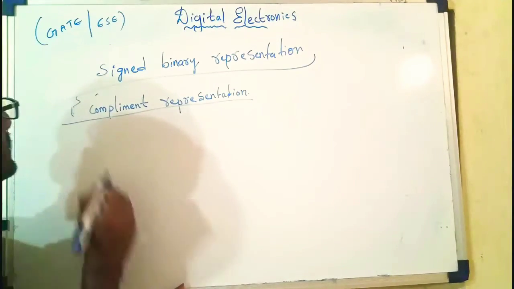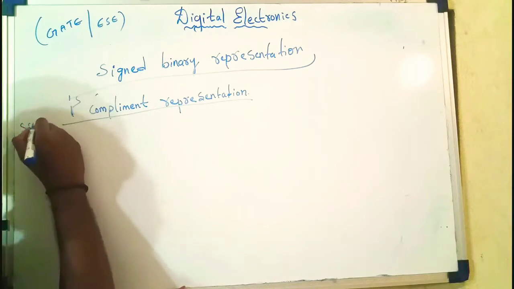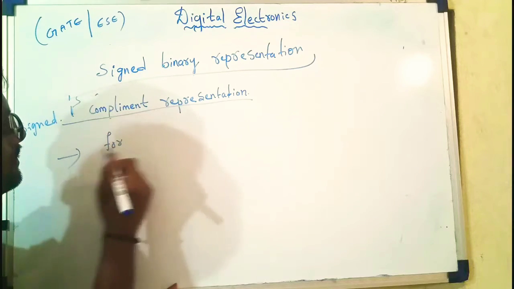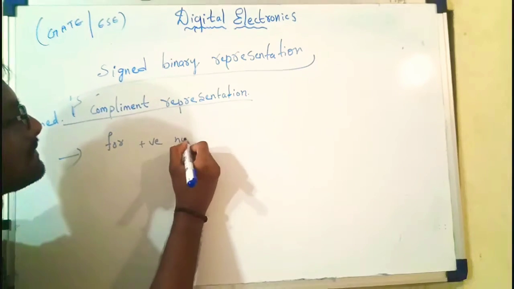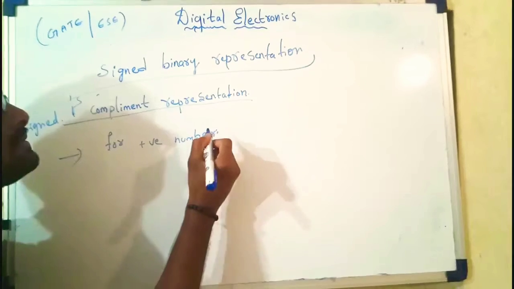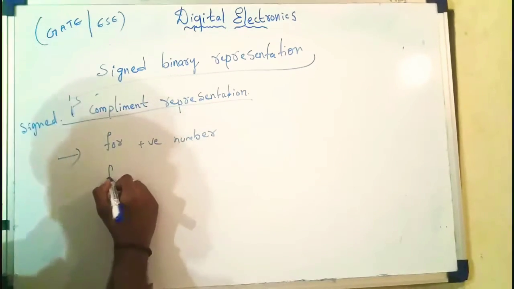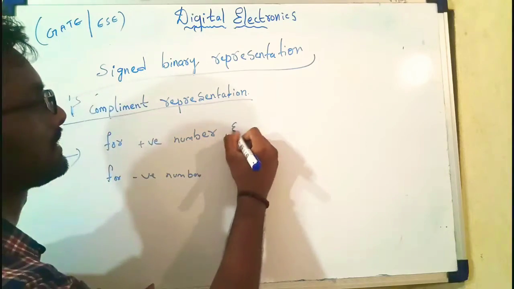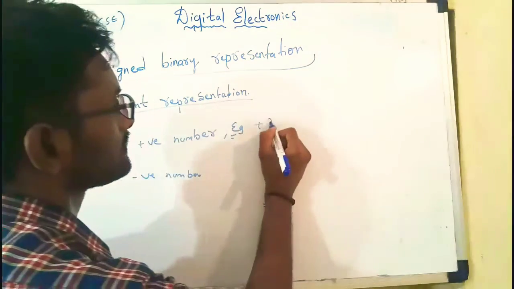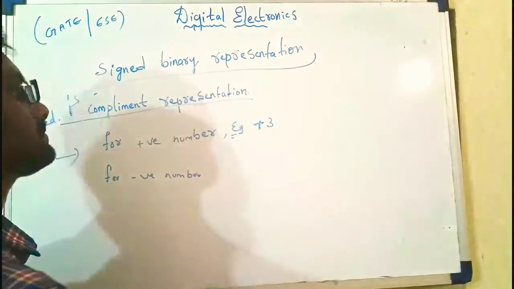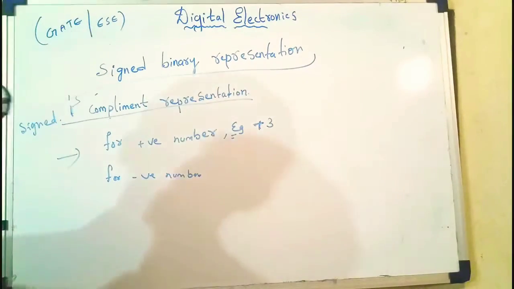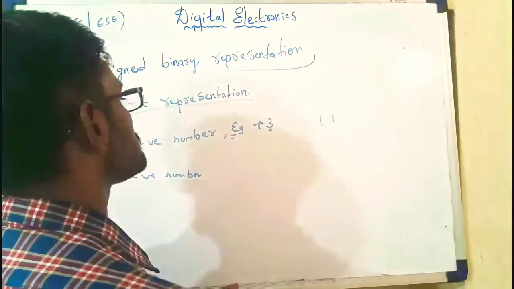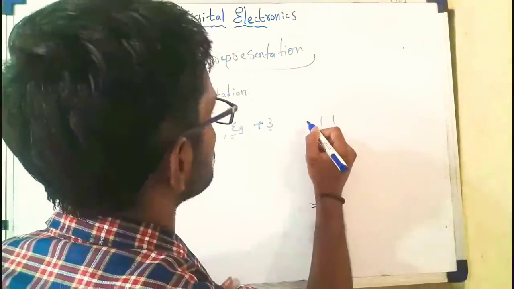Here in one's complement representation, the rules are different for a positive number and for a negative number. Let us take an example of plus 3. For 3 we first write the binary value, which is 1, 1. Plus is nothing but 0.